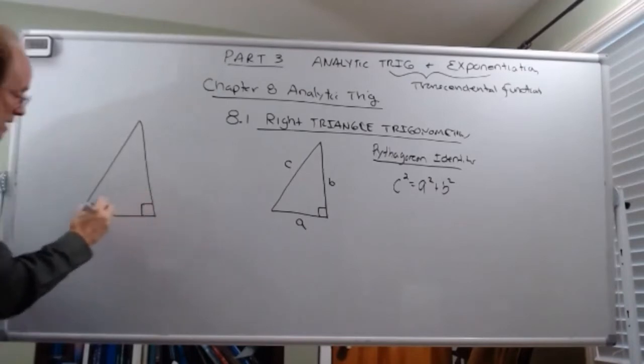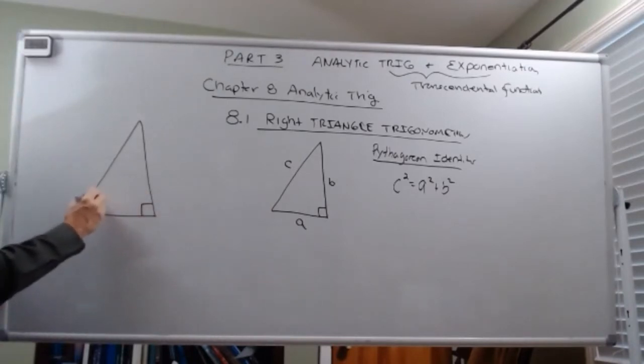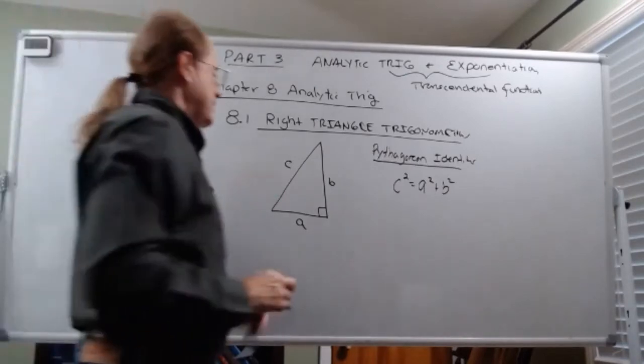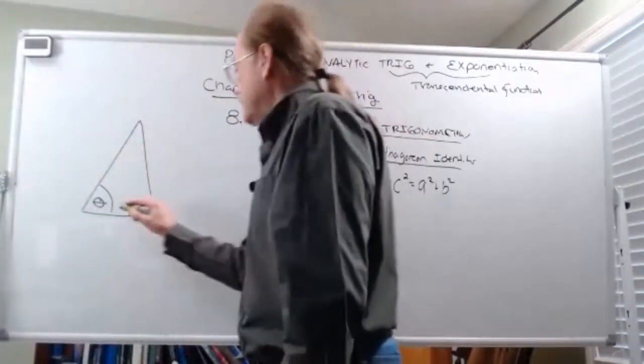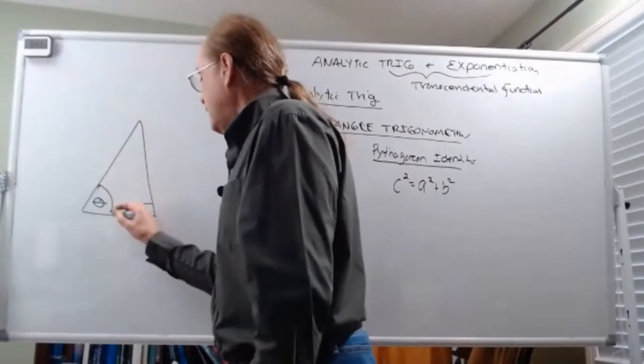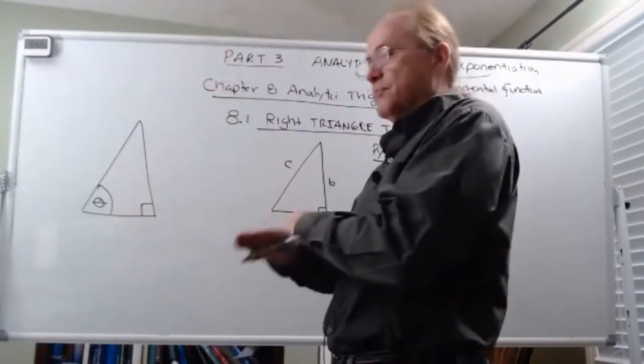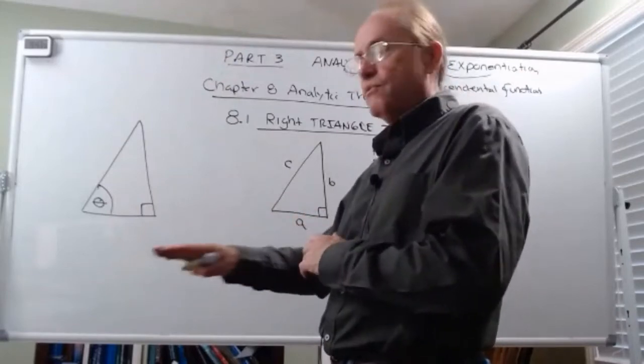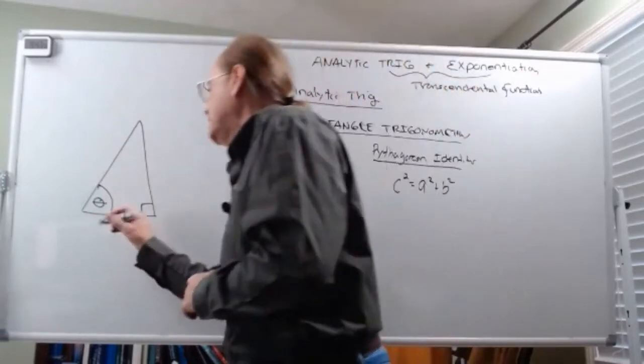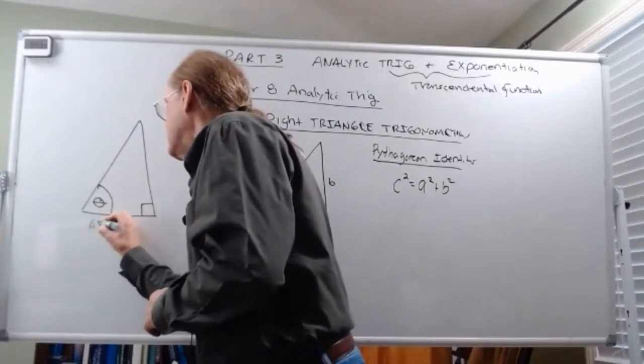Here's my right triangle. Let's say this is my angle here, theta. And instead of doing A, B, and C, what I'm going to do is, this is my angle theta, and I have a side that is adjacent. It means it lies along the same reference line. And this would be considered my adjacent side.